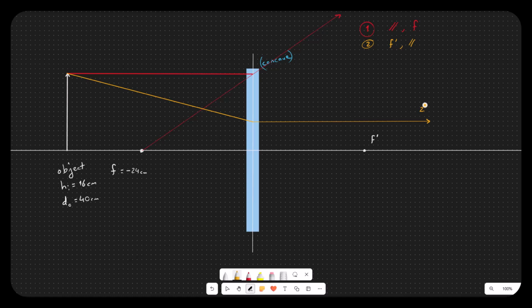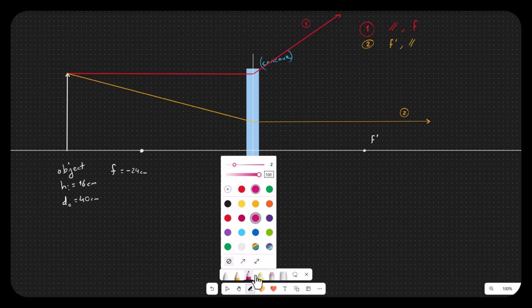So that's my ray 2. Rays 1 and 2 are not going to cross each other. Here is the outgoing ray 1. There's 1. Here's 2.